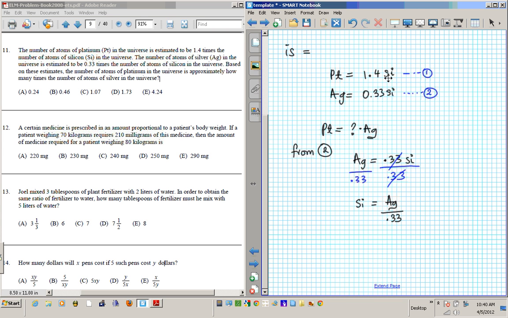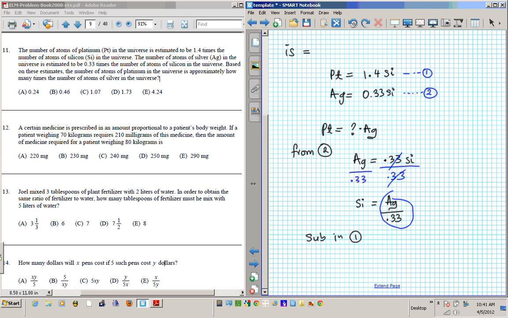What am I going to do in equation 1? I need only PT and AG in equation 1. So I'm going to substitute this value for SI in equation 1. I'm going to take this and replace it, put it in for SI over there.